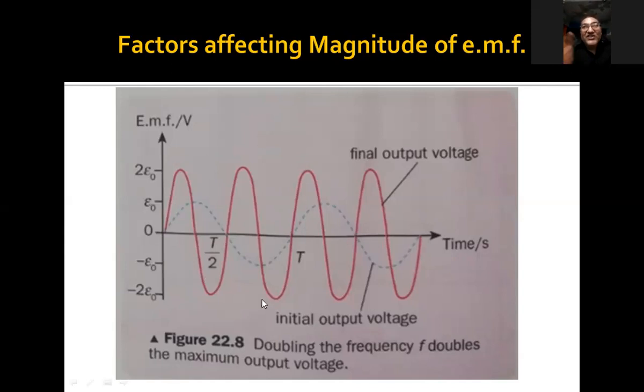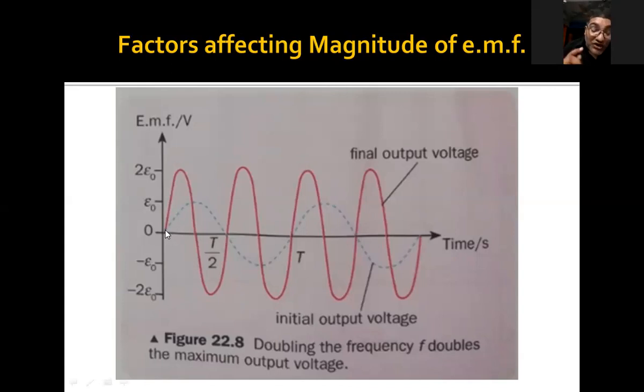It will take two rotations in time T. Because now you have doubled the frequency of the rotation of the coil, what will happen? The EMF will become double. You can see with the red, I have shown that graph. So you can see the amplitude has doubled as compared to the dotted graph.